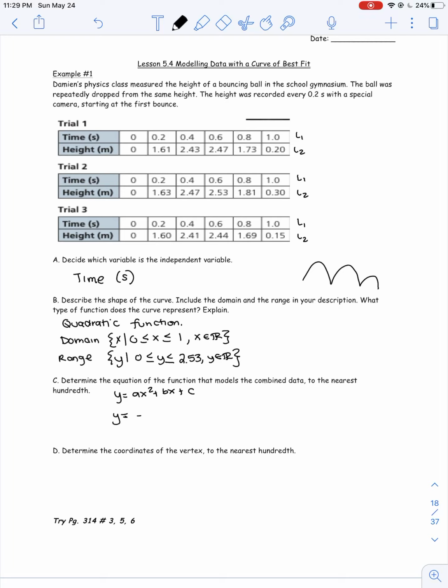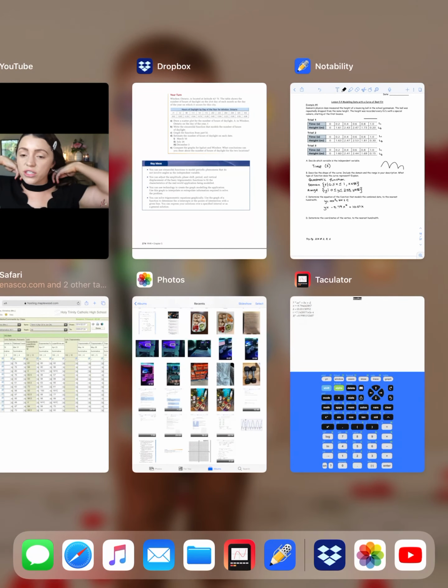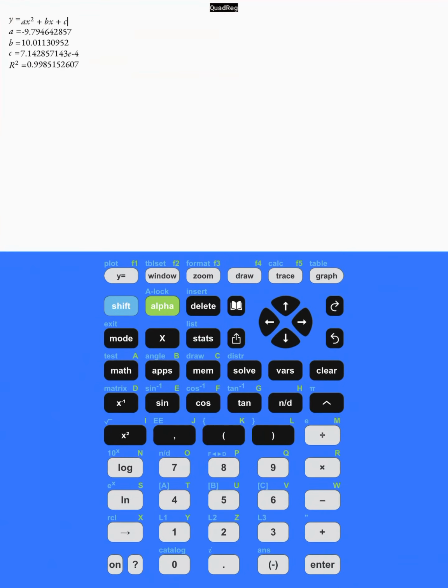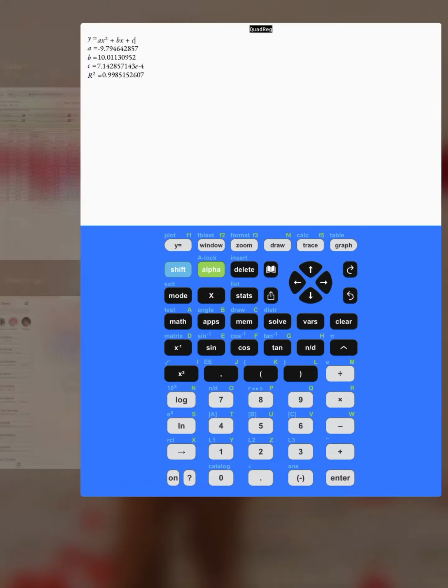So you're going to have to replace your a value with negative 9.79, x squared stays as it is, plus 10.01x, so that's your b value. And your c value, you're going to have to be very careful because this is scientific notation.